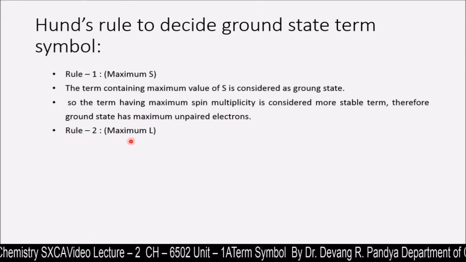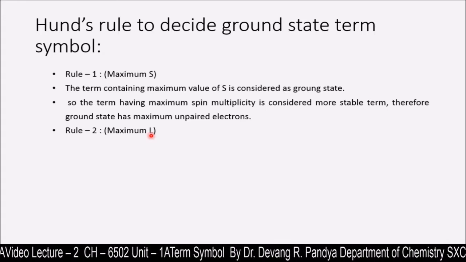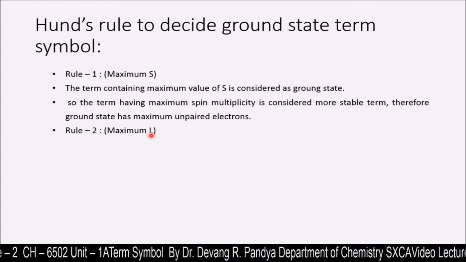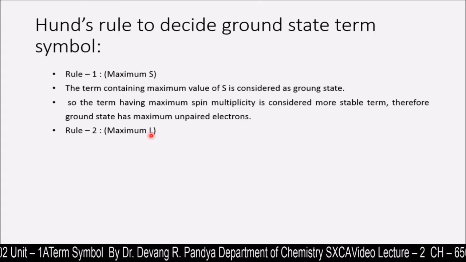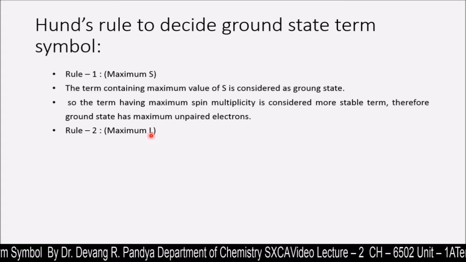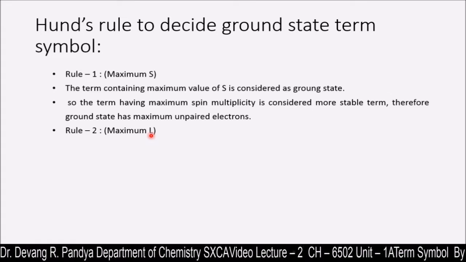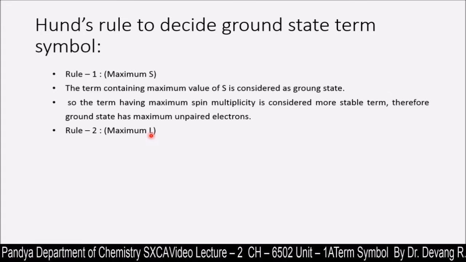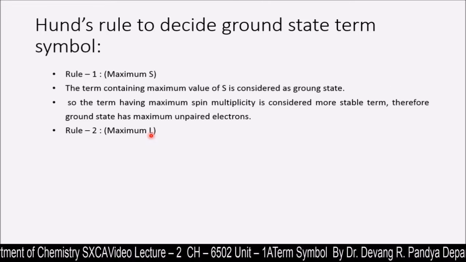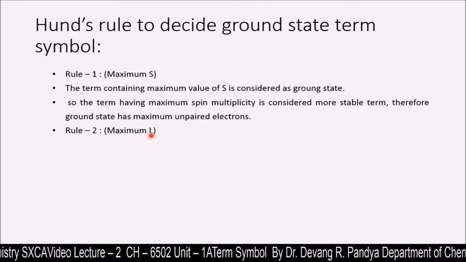The second rule is about the maximum value of capital L. That capital L, as you know, is the resultant orbital angular momentum quantum number. Please mark my words, capital L is known as the resultant orbital angular momentum quantum number.